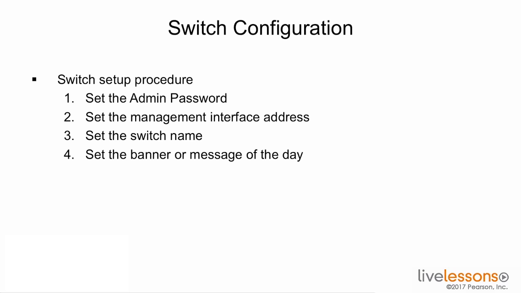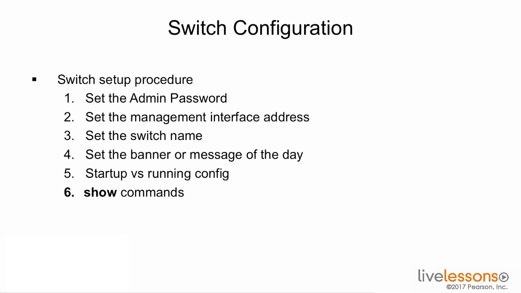That is not part of the initial setup, but I will show you how to do it as a separate item. Finally, we'll take a look at the startup versus the running config and how to save the startup config to the running config, and explore some various show commands.